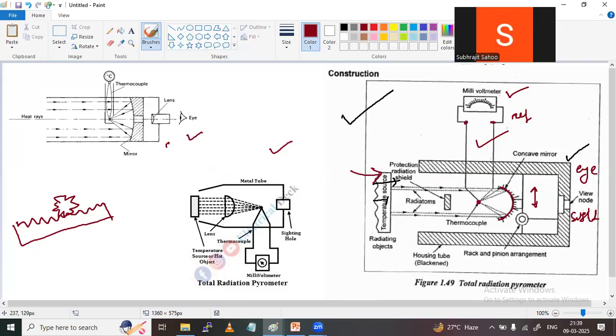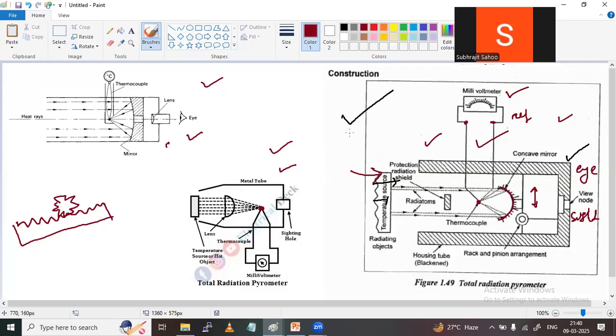Here the sensing element is kept before the lens, but here first the lens, then the sensing element. That is also fine. Anyhow, we have to concentrate the radiation at this end only. Whichever diagram is suitable for you, you can remember, but the working is the same for everything.